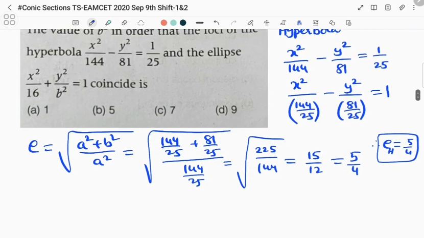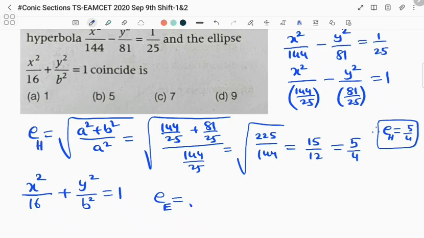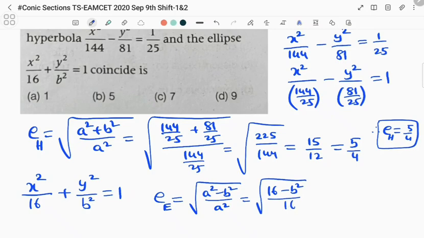Next, eccentricity of the ellipse you can calculate. EE we can write it. The given equation of ellipse is x square by 16 plus y square by b square is equal to 1. So for the eccentricity of the ellipse, EE is equal to root over a square minus b square by a square, which is root over 16 minus b square by 16.